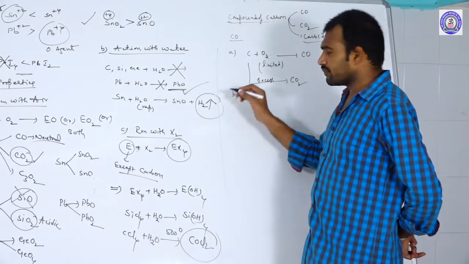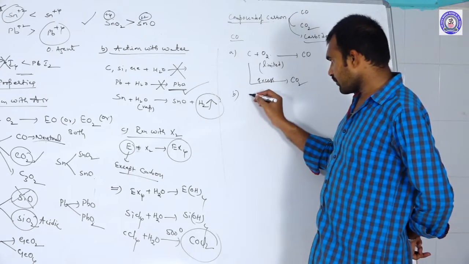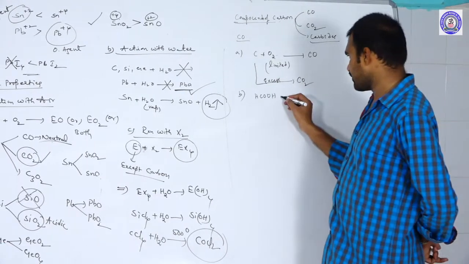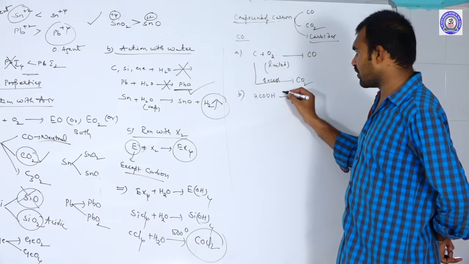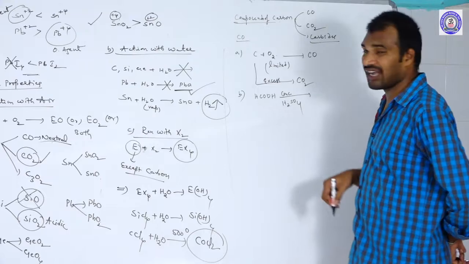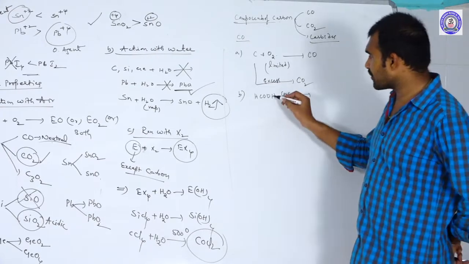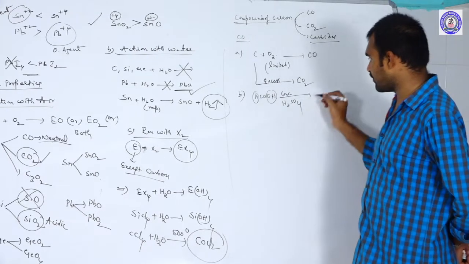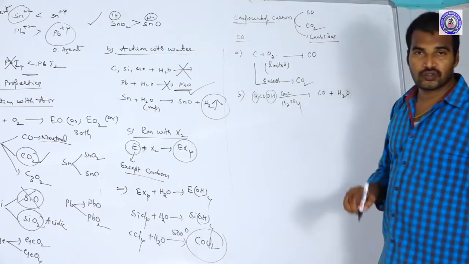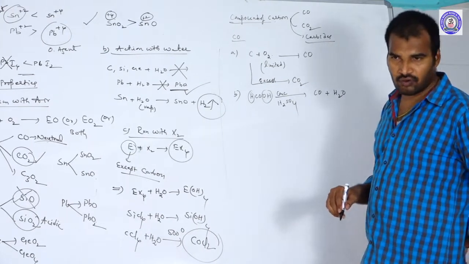And one more method, you take HCOOH, formic acid, you know, right? To this HCOOH, if you add a dehydrating agent, that is what? Concentrated H2SO4, it removes OH and hydrogen in the form of H2O, and remaining is what? CO. So this is one more method of preparation of carbon monoxide.